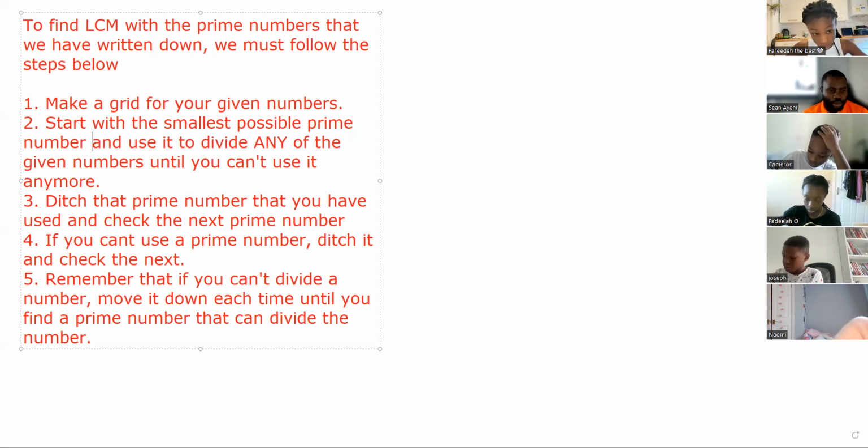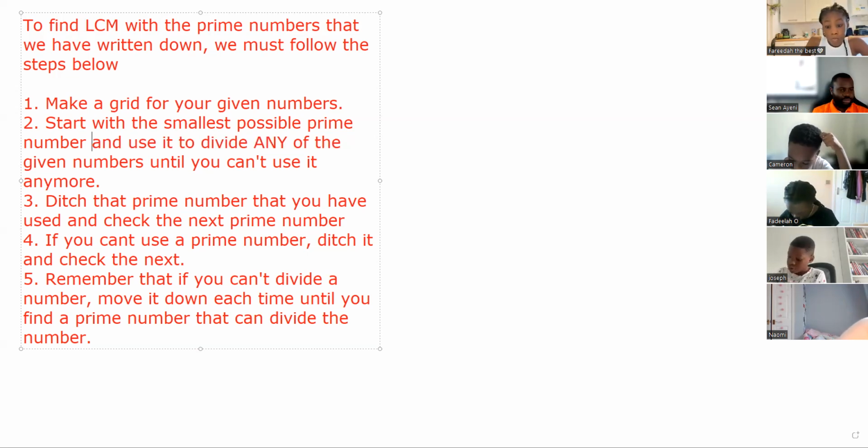And then what do we do? We check the next prime number and see, can we use the next prime number? If yes, we'll continue to use that one until we cannot use it anymore, and then we'll ditch it. But if we can't use that next prime number, do we need it?